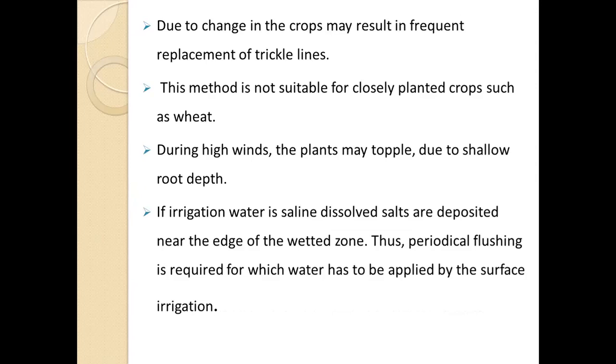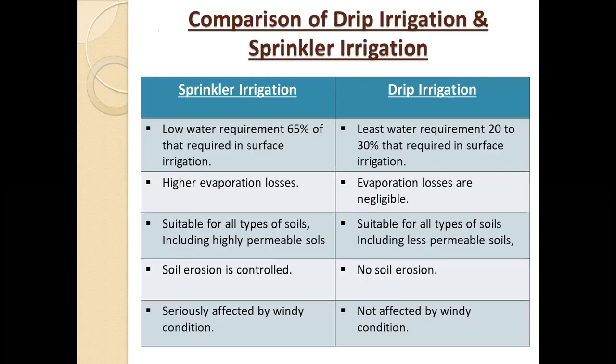This method is not suitable for closely planted crops such as wheat. During high winds, plants may topple due to shallow root depth. If the irrigation water is saline, dissolved salts are deposited near the edge of the wetted zone. Thus, periodical flushing is required, for which water has to be applied by surface irrigation.